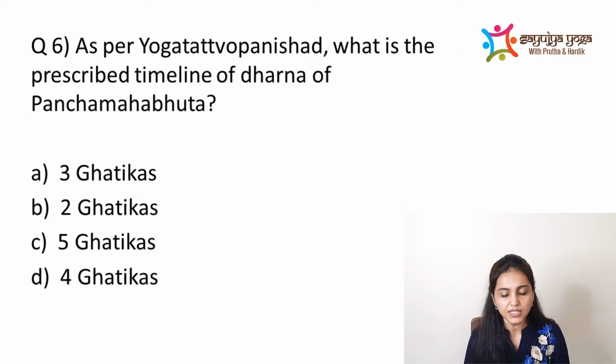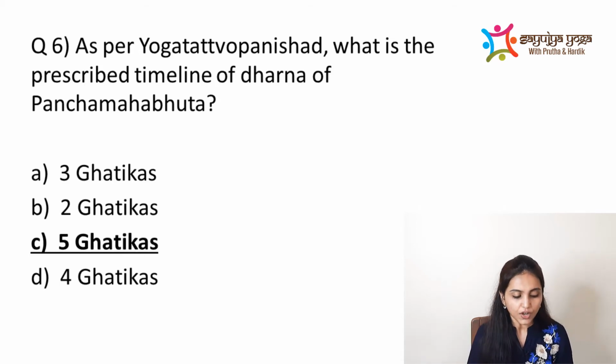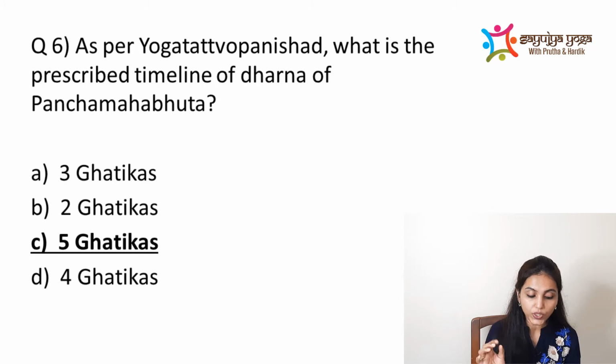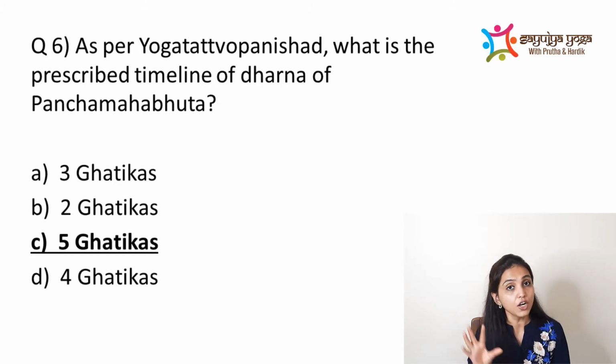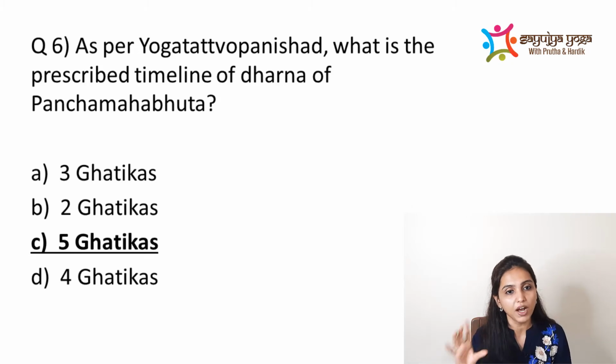The next question is, as per Yogatattva Upanishad, what is prescribed timeline for dharna of Panchamahabhuta? And the correct answer is option number C, 5 ghatika. Now friends, according to Yogatattva Upanishad, one should attain mastery over Panchamahabhuta by forcing prana in the region of that particular Mahabhuta and meditating along with the Bija mantra for a period of 5 ghatika on the Lord of that particular Mahabhuta.